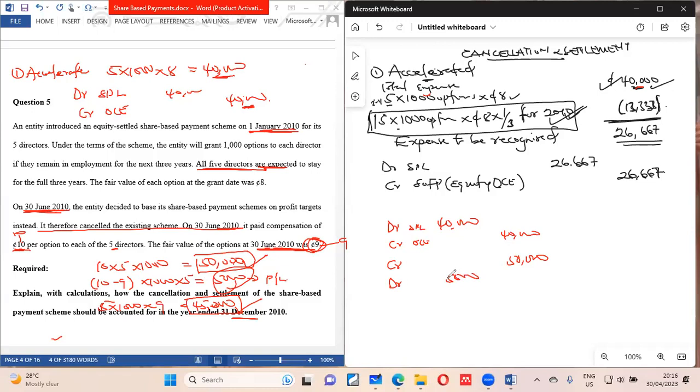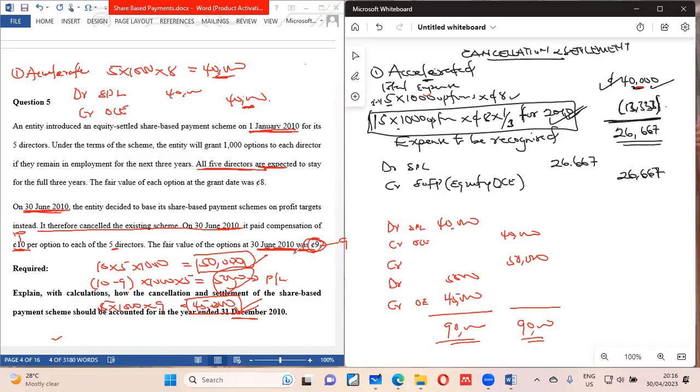Then the last one is this fair value at the cancellation, which is a credit also to your OCE of 45,000. So you see, you can balance the thing now. This one is 90,000. Then this one too will be 90,000. That is how you balance up.